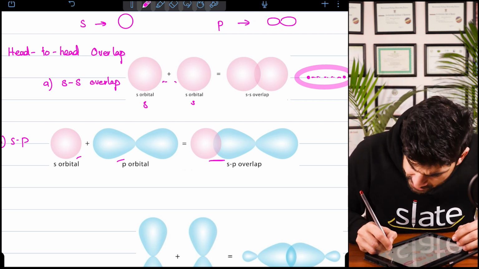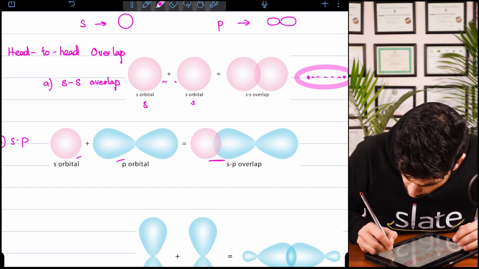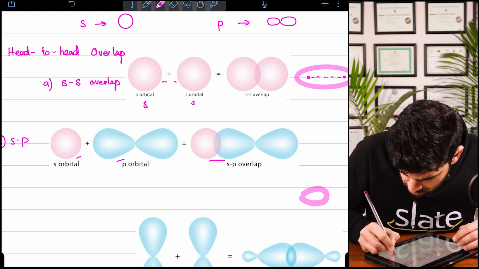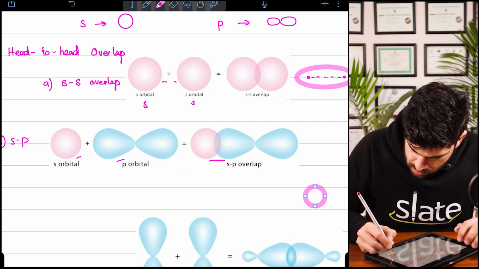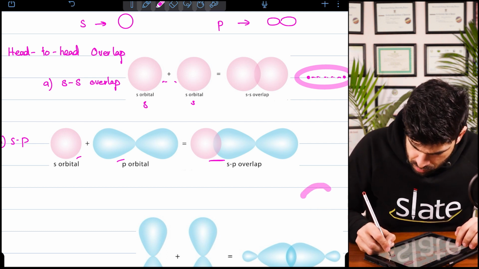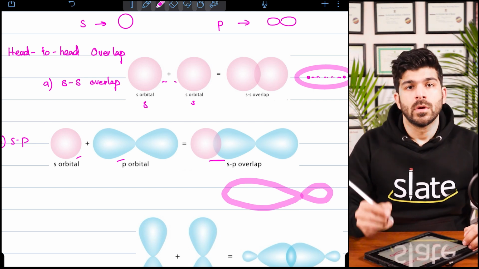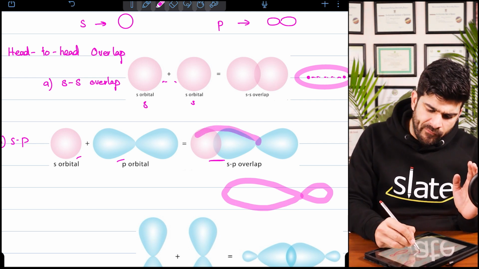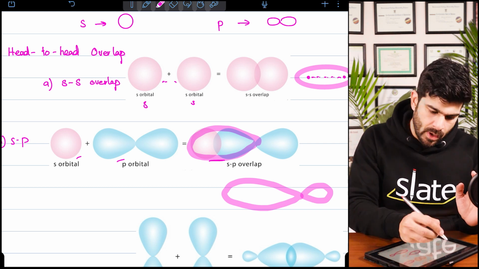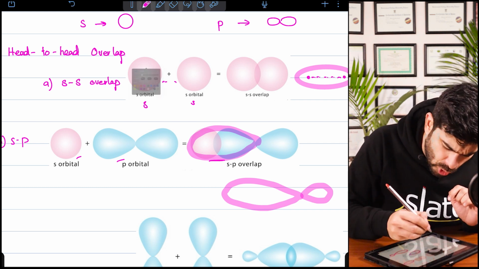And ultimately we get an orbital of this shape, just because these two have merged. Now I'm going to again put a few dots here.